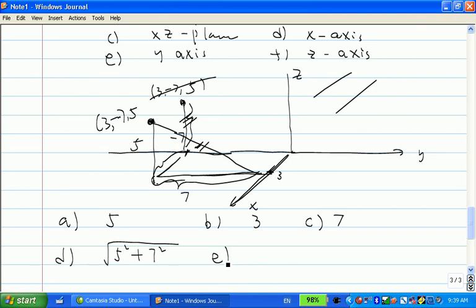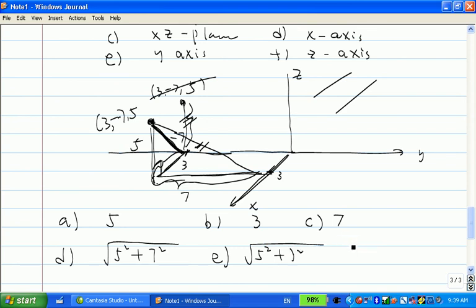Okay. E. To the y-axis. Okay, this point, the distance to the y-axis is this one. Okay, you see that? And here is a right triangle. So use the Pythagorean theorem again. This distance is 3, and this one is a 5. So the square root of 5 square plus 3 square. Take the square root. Then you have the answer.